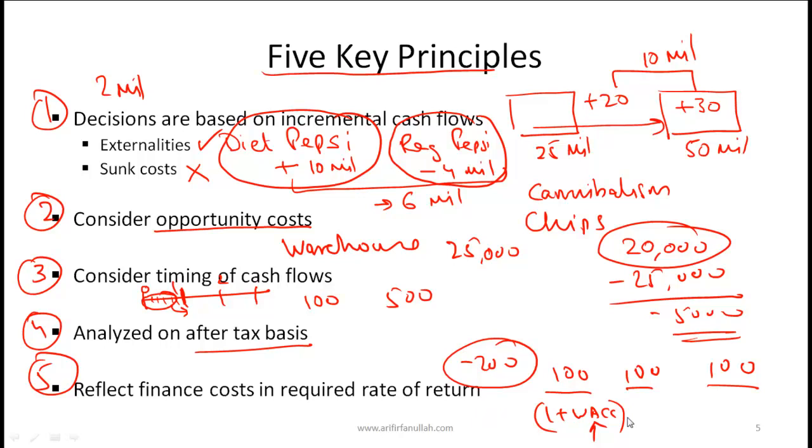Because finance costs are already built into our discount factor, we should not subtract them from the cash flow also. If we subtracted finance costs from the cash flow, that would be like double counting, because we would reduce the numerator and increase the denominator, which will have a double effect. So remember, finance costs are only included in WACC. They are not included in the cash flows.